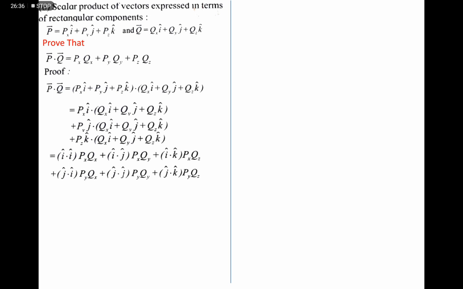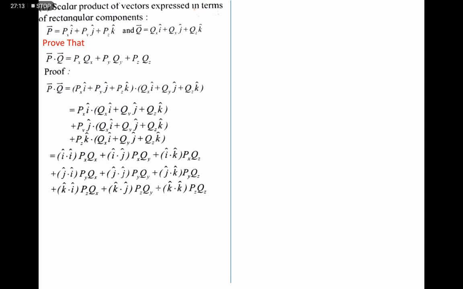It gives us what? j bar dot i bar Py Qx, j bar dot j bar Py Qy, and j bar dot k bar Py Qz. Py is the component of vector p, and it multiplies to the second bracket. This multiplication is simple. We have to write the unit vectors' multiplication in brackets and the components of the vectors separately.